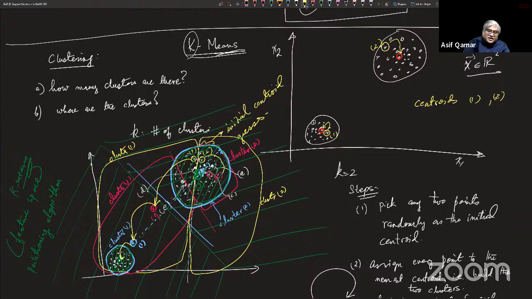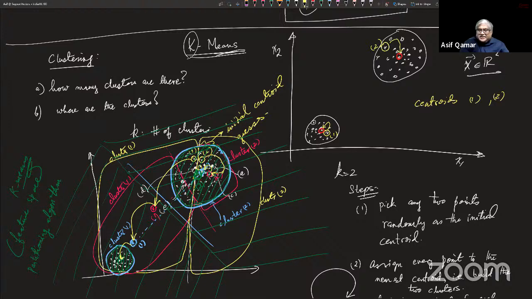It went from here to here, and from here to here, and from here to here. Not much movement in 2. But centroid 1 moved quite a bit. But at the end of the day, you settle down at a point at which the centroids have been discovered. So that is the power or the beauty of K-means.